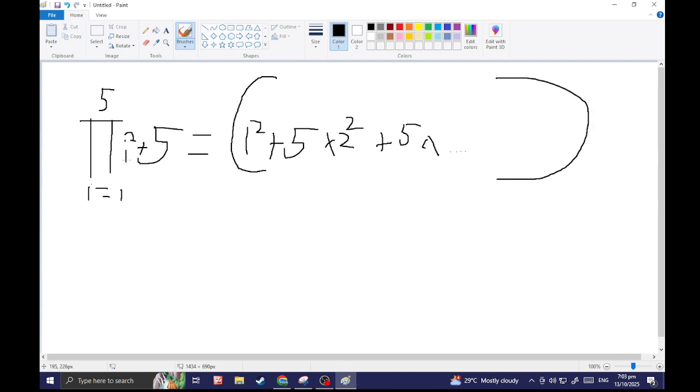So if we square i, we get something like this. So let's say 1 to the power of 2. Wait, isn't this basically like i squared in sigma notation, but it's multiplication?